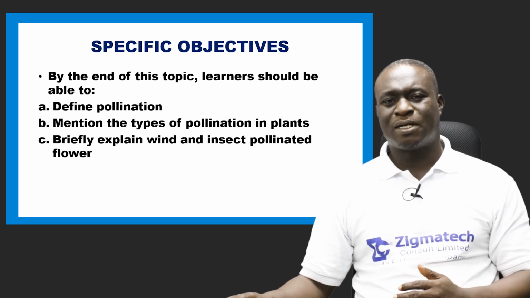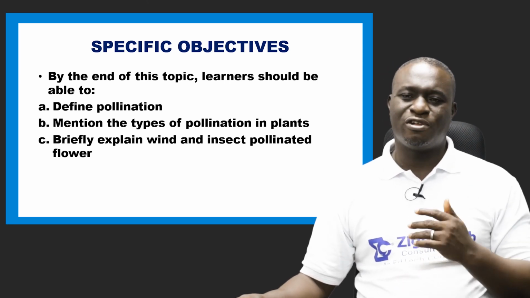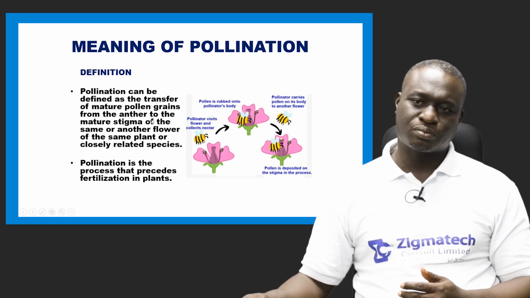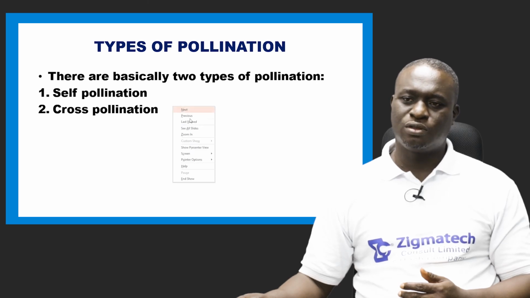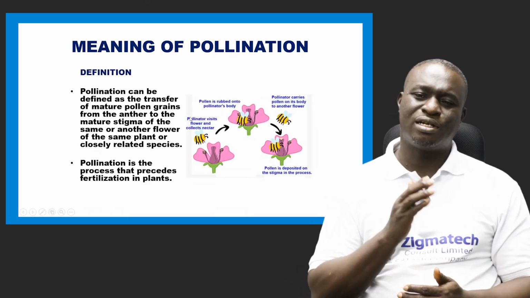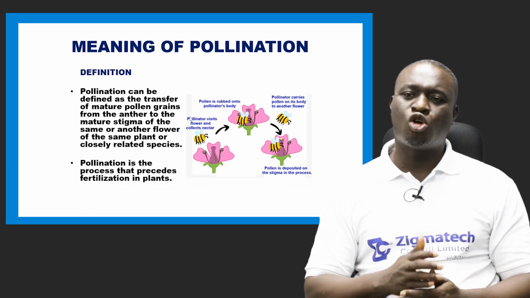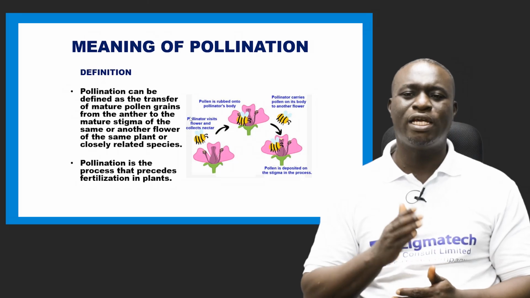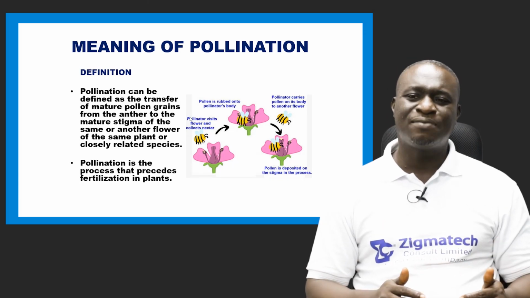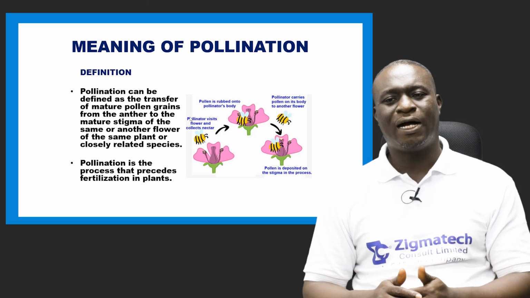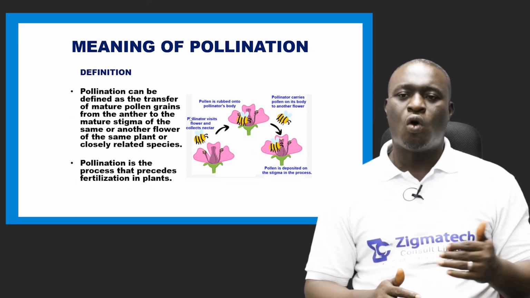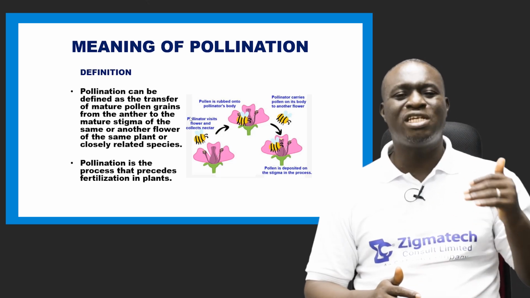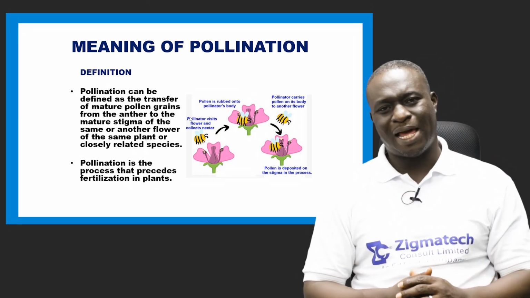So let's begin this particular topic with the definition of pollination. Now, as the name implies, pollination is actually the transfer of mature pollen grains from the anther to the mature stigma of the same flower or another flower of the same plant or closely related species of plants.